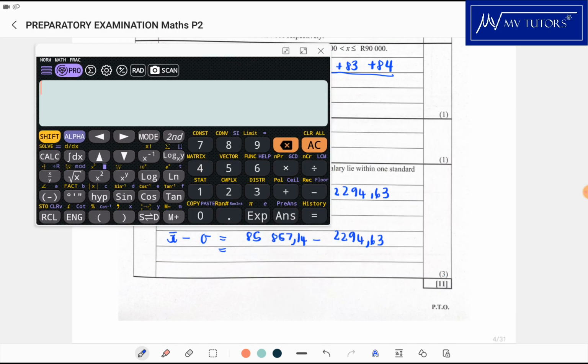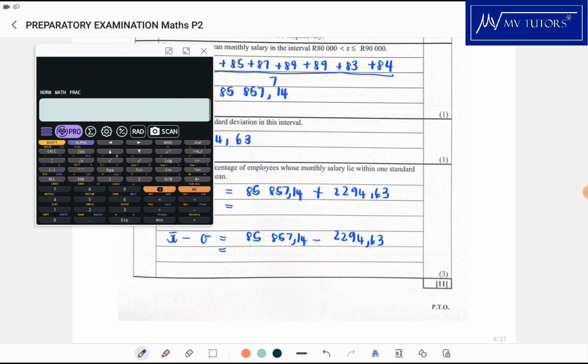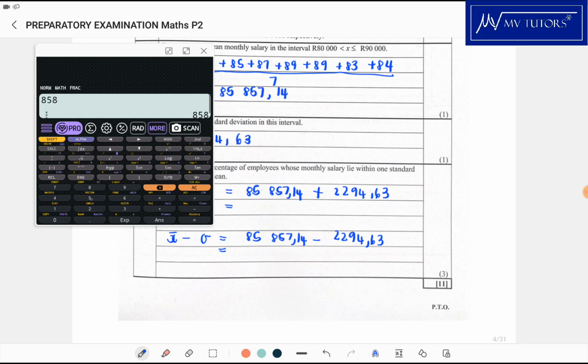Okay, so we have 85,857.14 plus 2,294.63, and we're getting 88,151.77.